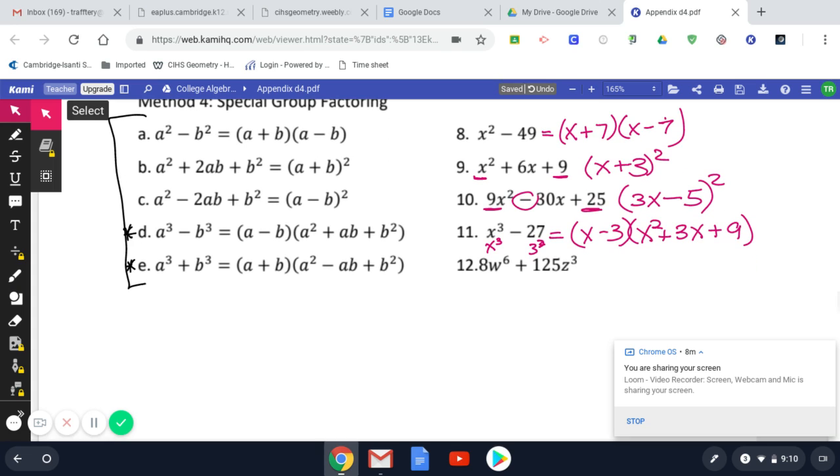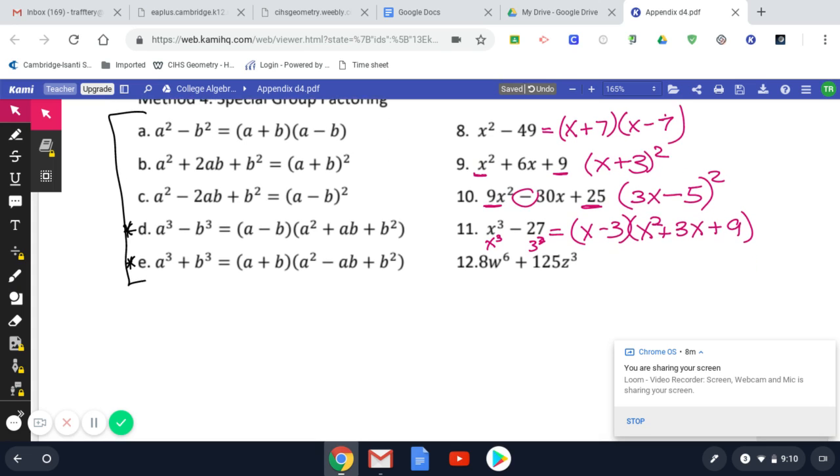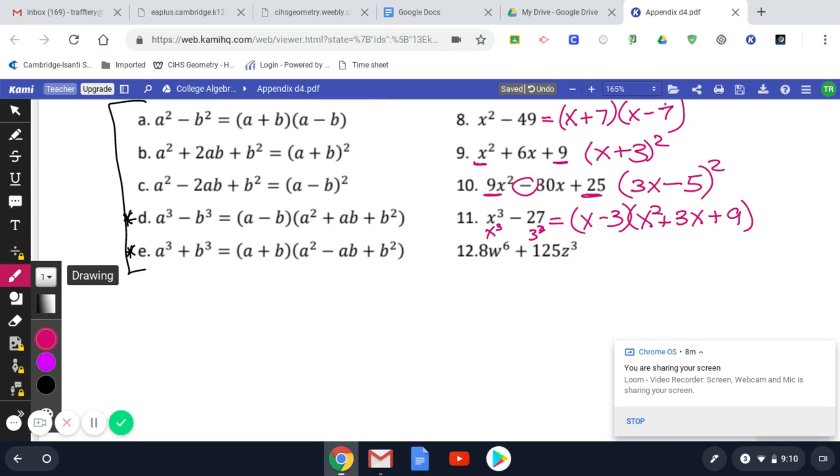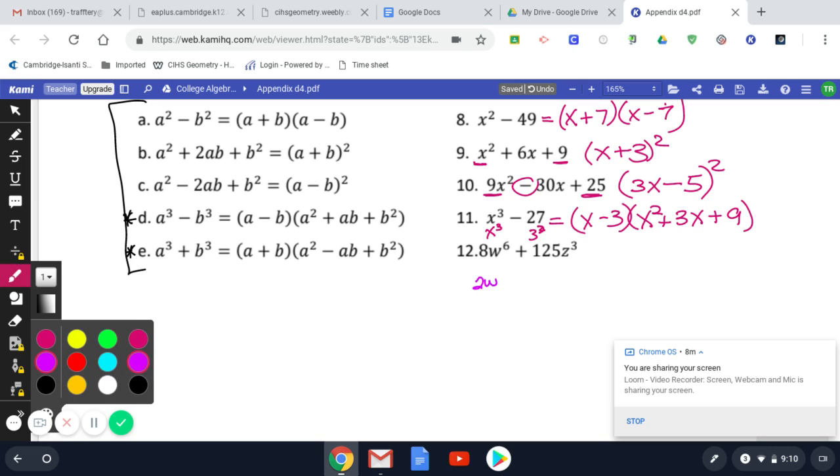And then finally, the sum of cubes. I just like to note in my head that this is 2w squared then cubed. I like to think about it that way. And this is 5z cubed. That way I know that this is my A and this is my B, in case you struggle to see that. So look at what it would have been originally.